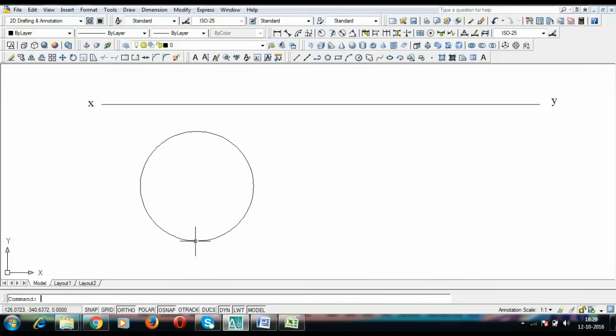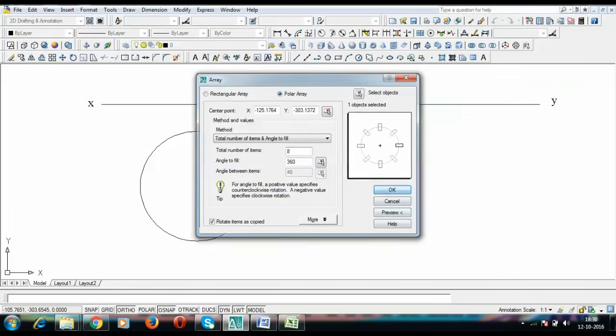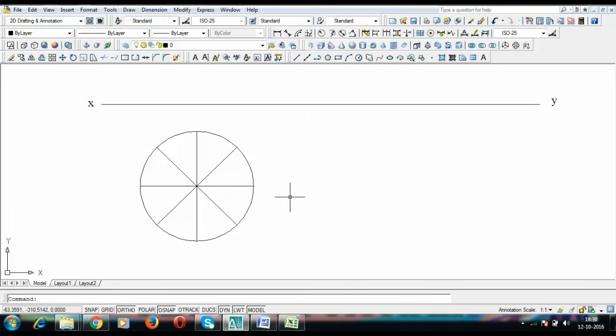Next thing to do is to divide this circle into 8 equal parts. Now we're going to name them. Starting from this point, we have 1, 2, 3, 4, 5, 6, 7, 8, and finally it should look something like this.